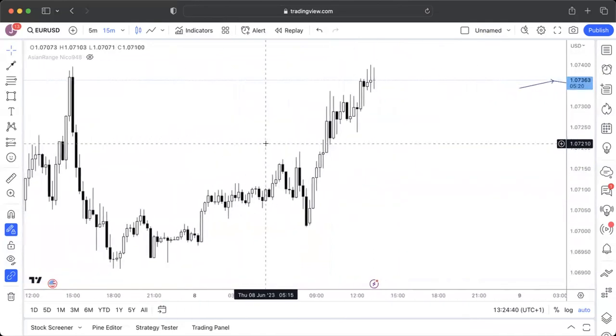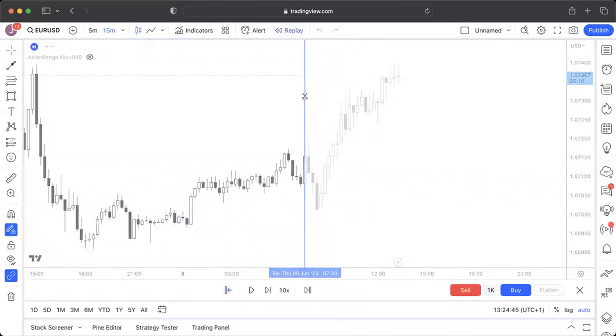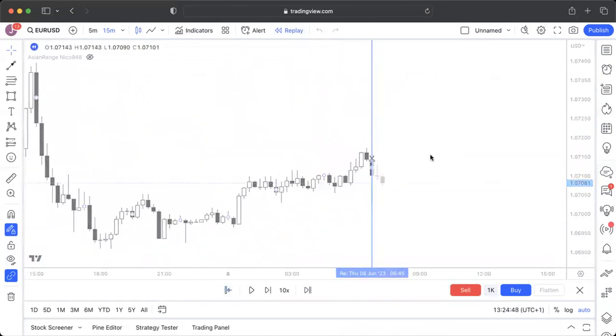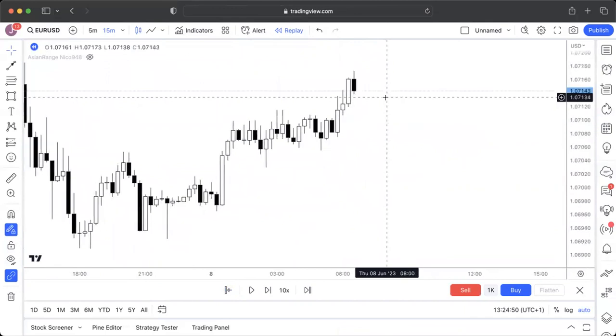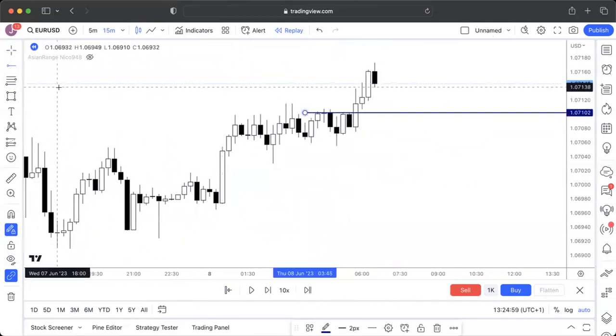I'll give a quick example here of how this happens on this chart. Originally, here we have a bullish break. Price has broken, and you see here with the push up, it has broken this most recent high here.